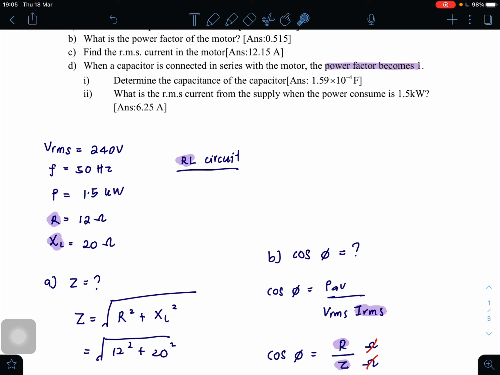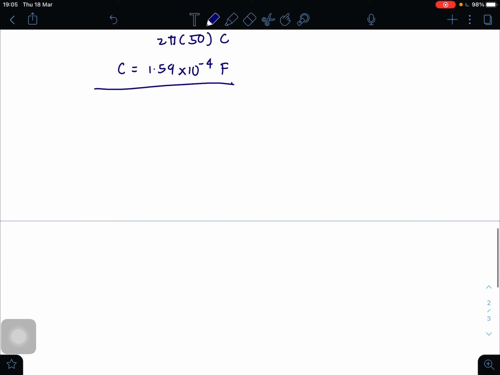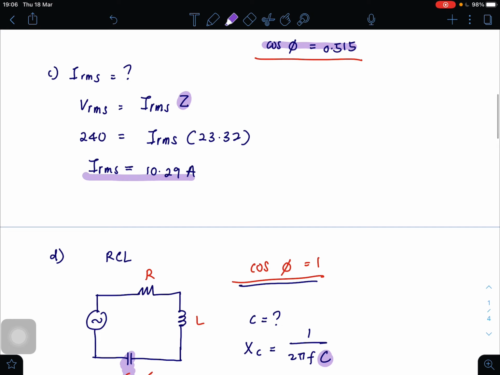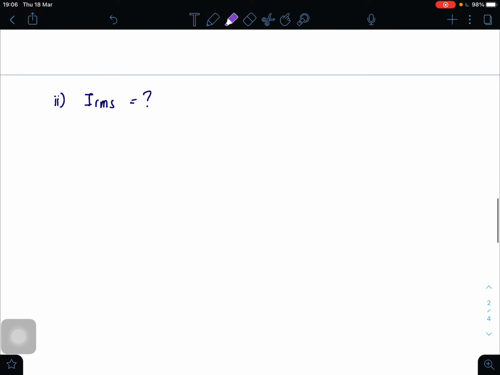Now second question. What is the RMS current from the supply when the power consumed is 1.5 kilowatt? So we want to find IRMS apabila power dia adalah 1.5 kilowatt. Sebab bila kita sudah tambah capacitor, value dia sudah tidak sama lah. Tadi kita cari, this is the value. Now we add the capacitor, so I pun akan berbeza. Dia bagi information tadi, P adalah 1.5 kilowatt.